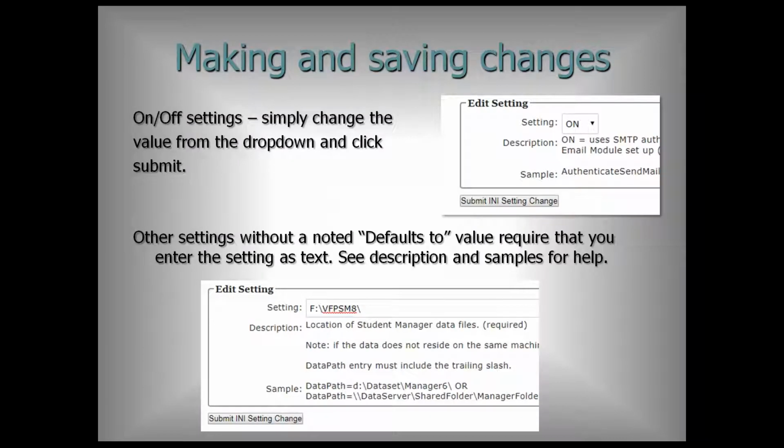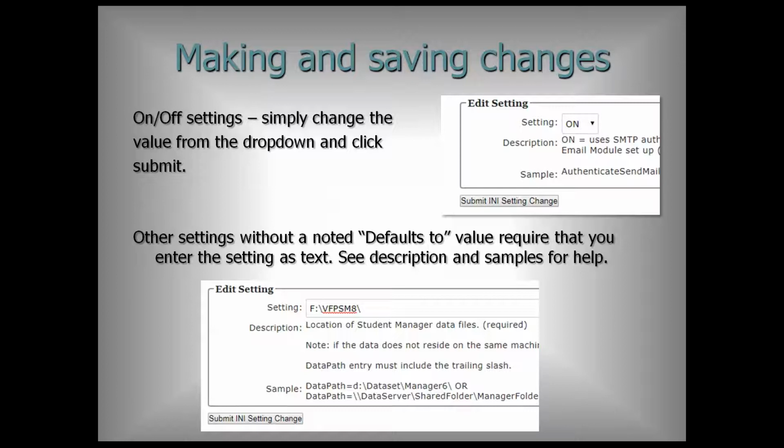And on the topic of making and saving your changes, it breaks down into basically 2 different types of data entry forms when you're looking at the INI editor. You have the drop-downs. If it's an on and off setting, you just click the drop-down and change it from on to off or vice versa.